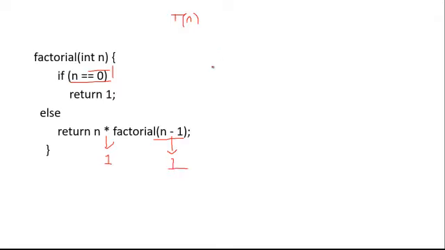So t of n is the time taken to calculate the factorial of n minus 1, which is t of n minus 1, plus 3 units of cost for the simple operations.